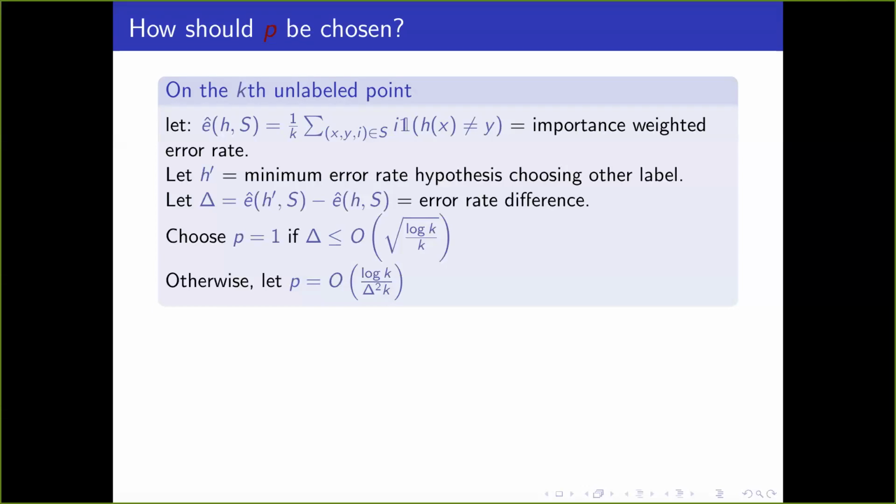But it doesn't have to grow very fast because you're comparing delta squared to k. If you look at the denominator, there's a delta squared times k. So if delta is like 1 over root k, then the denominator becomes order 1.